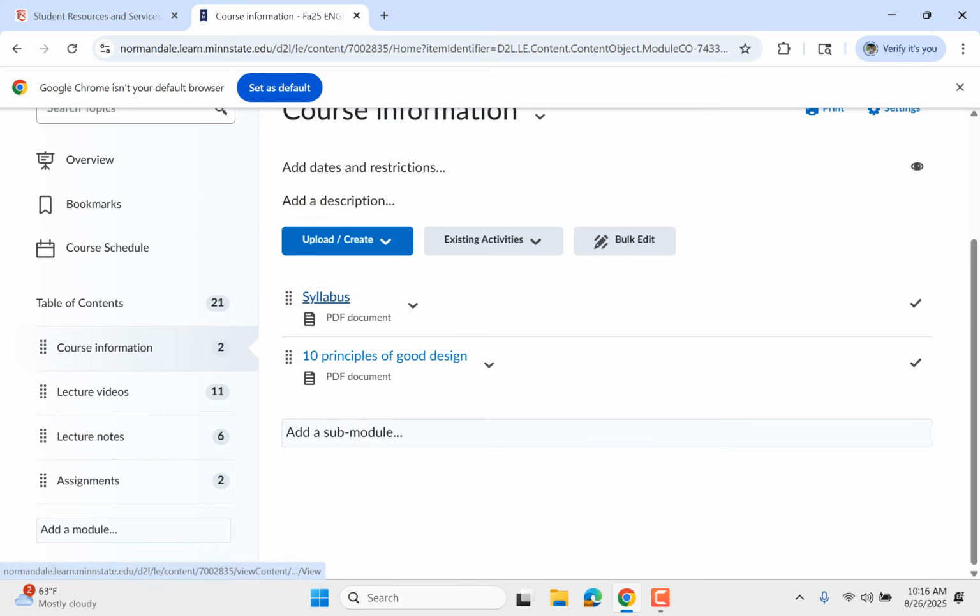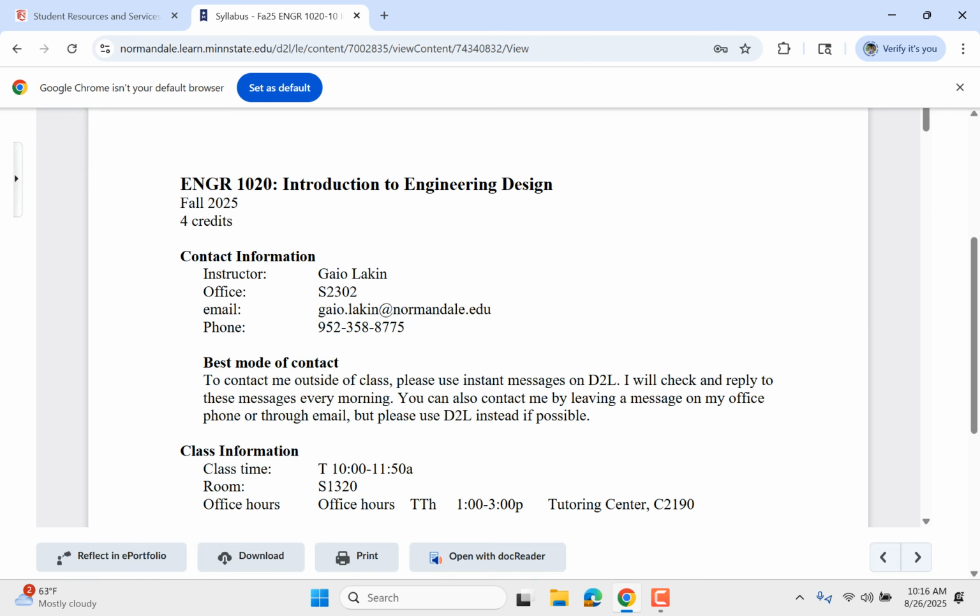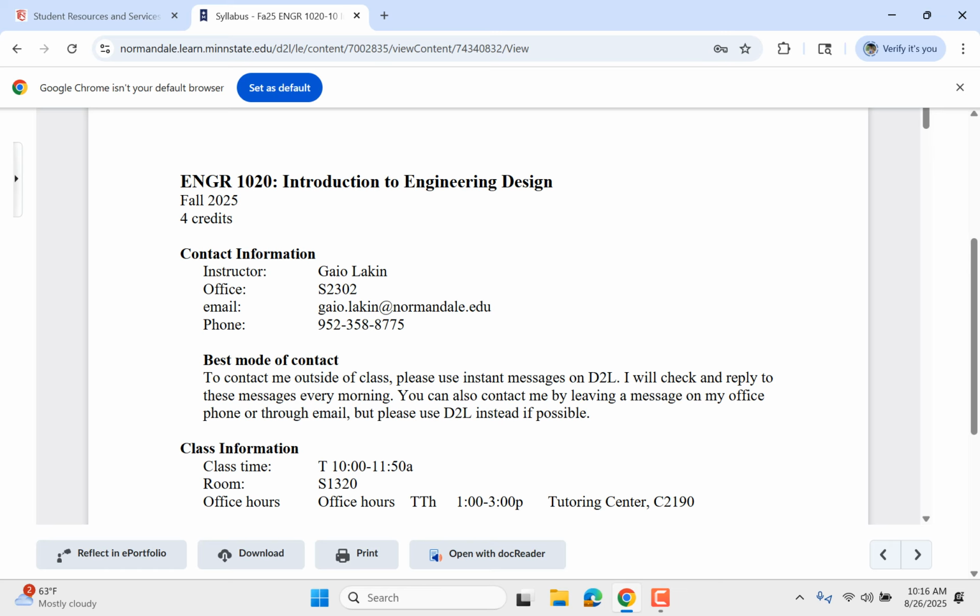Okay, so let me go through the structure of the syllabus now. So this is Introduction to Engineering Design. It's a 4-credit class. 4 credits means basically 4 hours of class time per week.